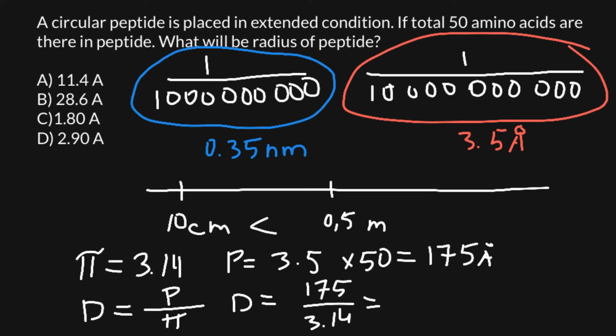And the answer would be 55.73. This number represents a diameter, and we need a radius. And radius is half of the diameter.